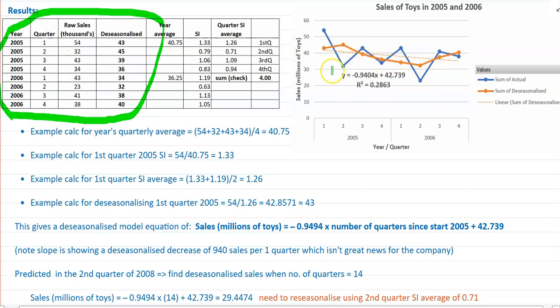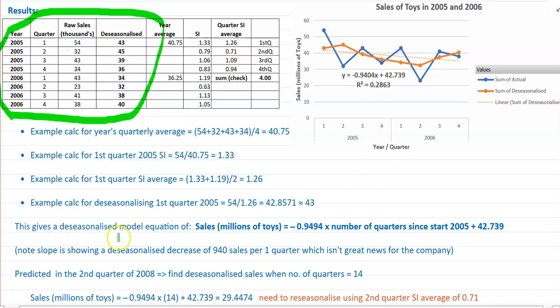The equation for the line of best fit there of the deseasonalized values is negative 0.9404x plus 42.739, and you can see an R squared value was 0.2863.